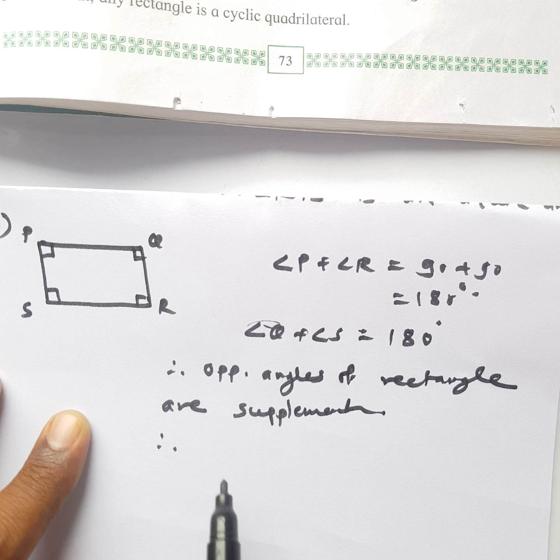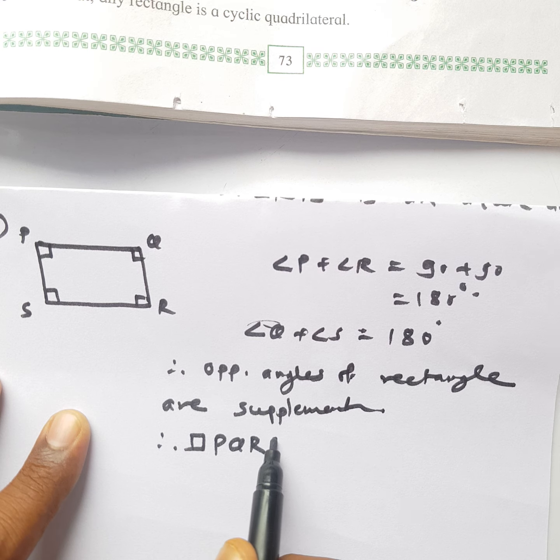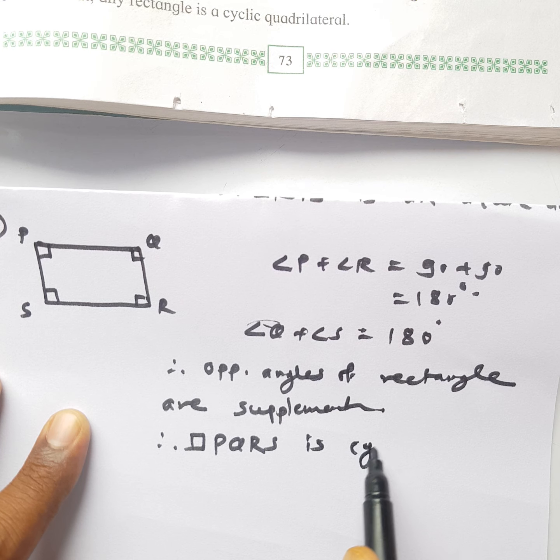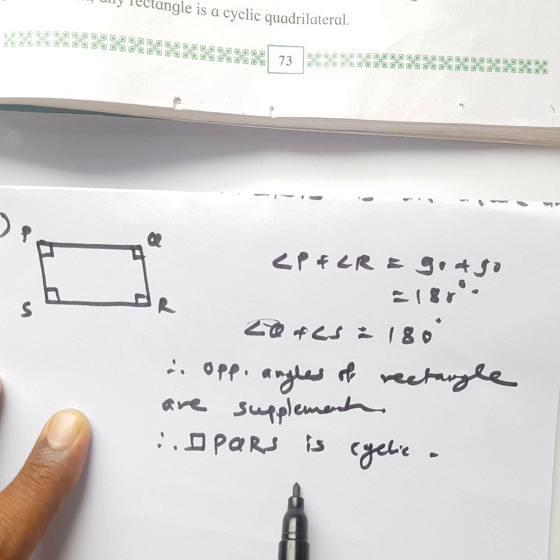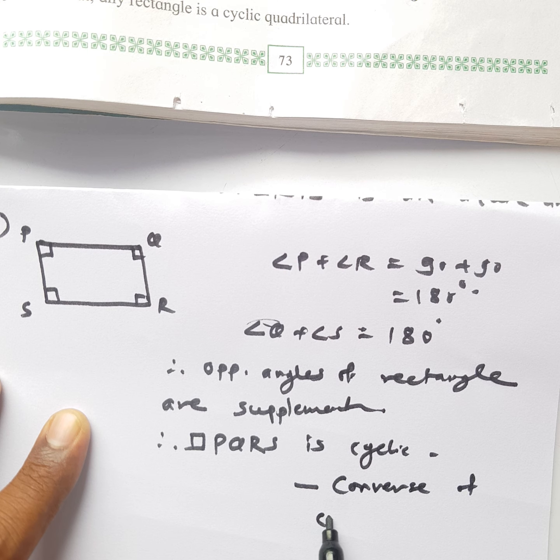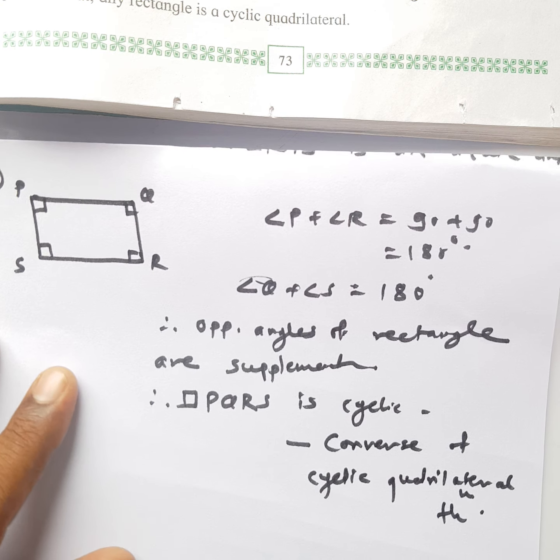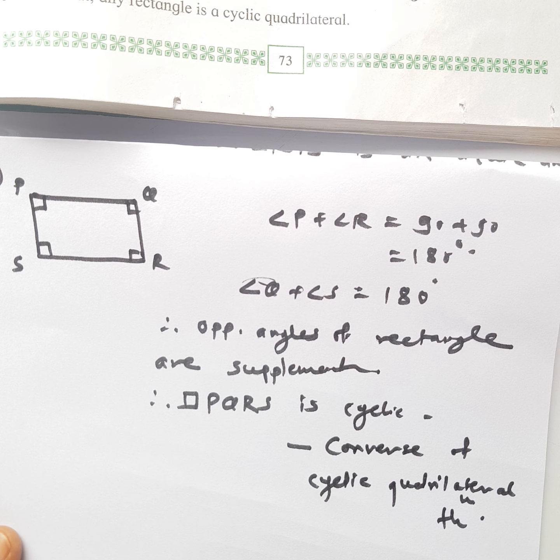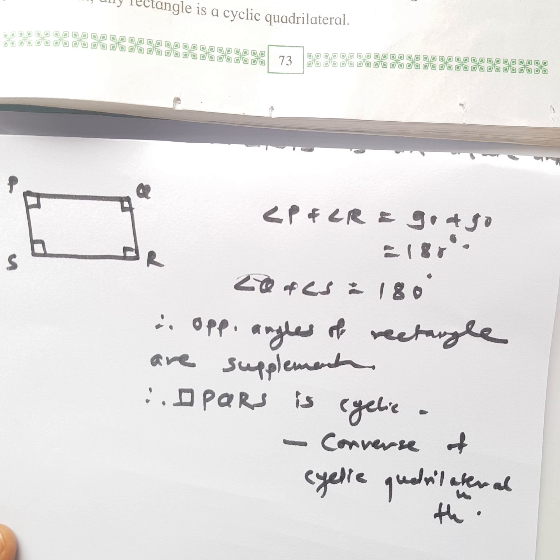Therefore, quadrilateral PQRS is cyclic, and the geometric reason will be the converse of the cyclic quadrilateral theorem. In this way, you can solve this.